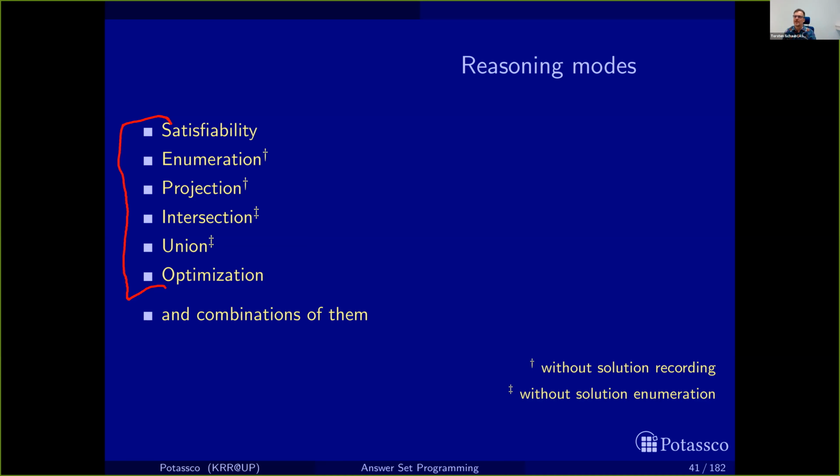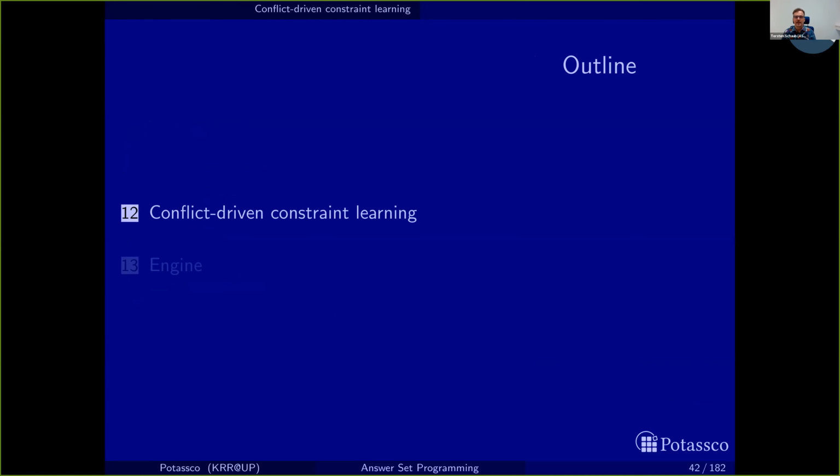Then perhaps you don't want to look at just any stable model, but at the optimum stable model, because you have an objective function that, I don't know, maximizes sugar or minimizes heat, or whatever. You want to combine all these, and this is something that you can do very nicely with ASP solvers.